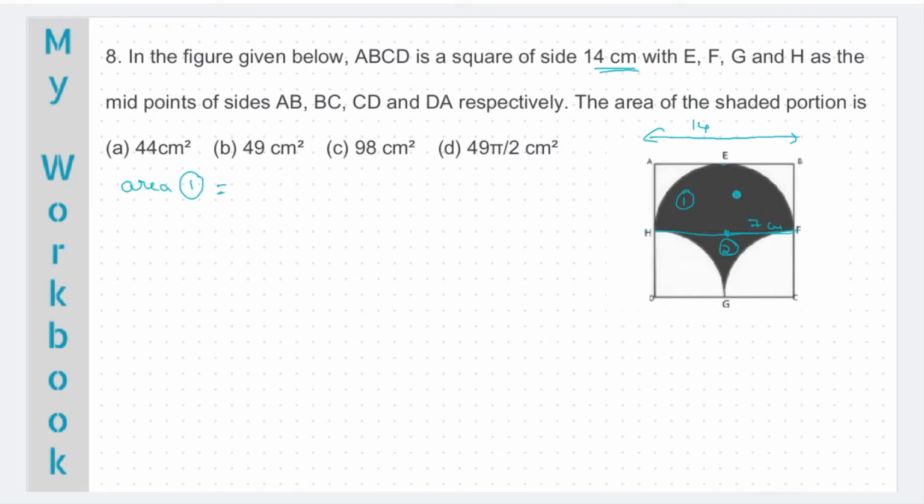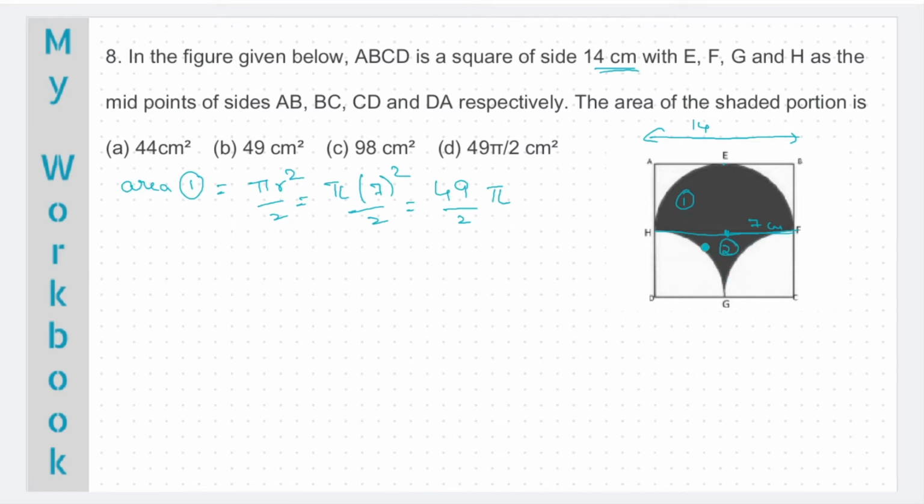Area of this black first portion, area of the semicircle, pi r square by 2, which is pi into 7 square by 2, 49 by 2 pi. This is the area of the dark portion marked as 1, that is area of this semicircle.